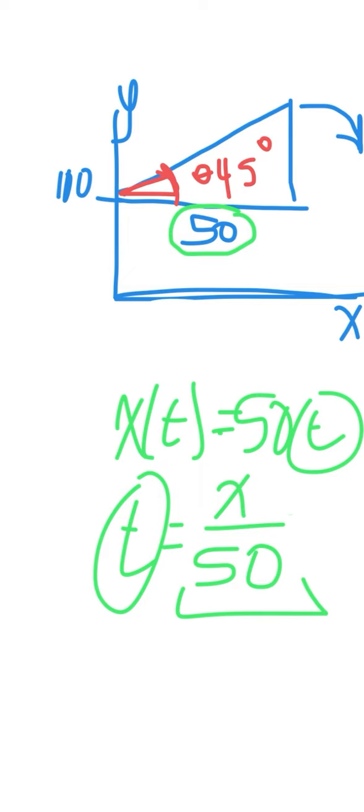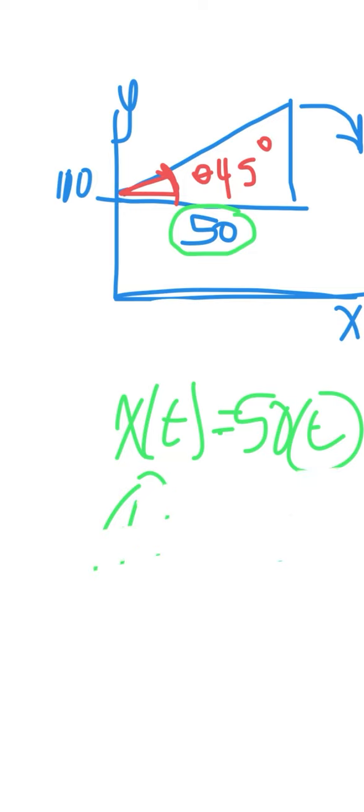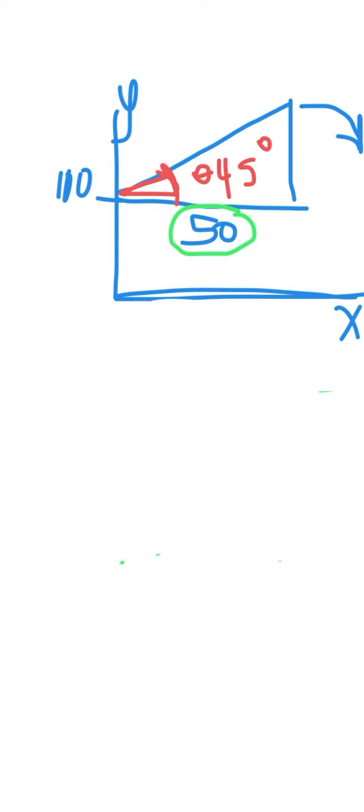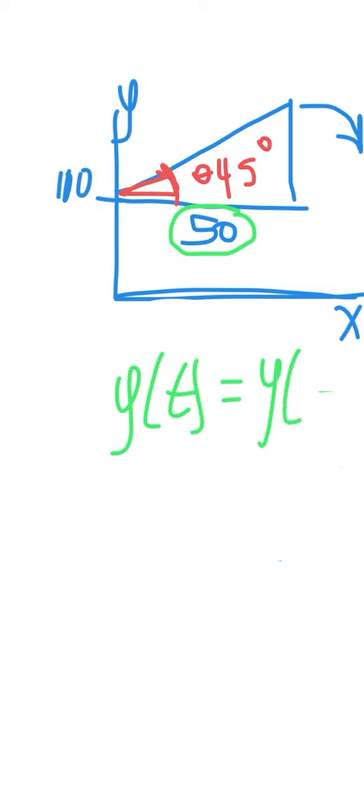So now that we have this, t equals x over 50, we can plug in t, or x over 50, into y of t, which will be now y of x over 50.